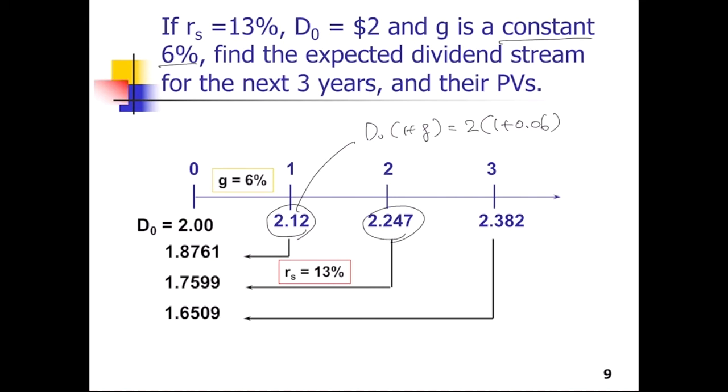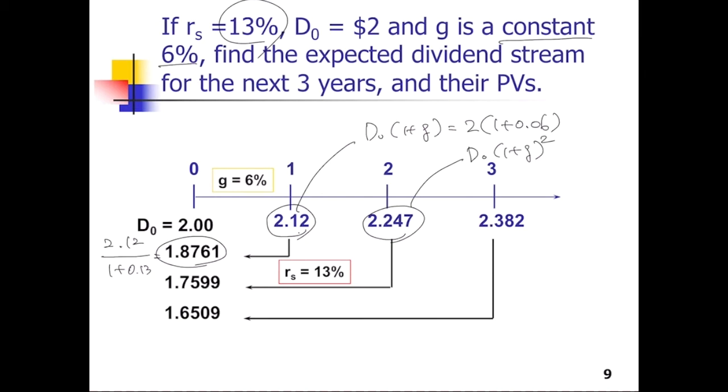And this number also comes from D0 (1 plus g) to the power of 2, right? And how can you get this number? This number 2.12 over (1 plus Rs), Rs is here, so 0.13, power 1, right? Discount only one time and get this number.